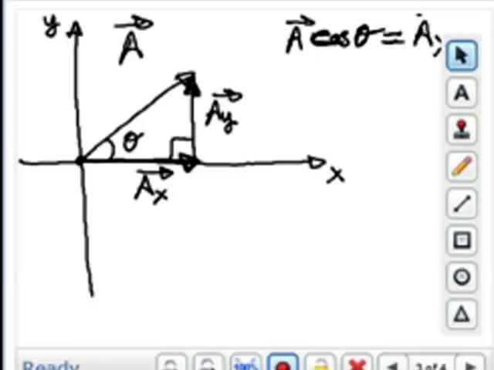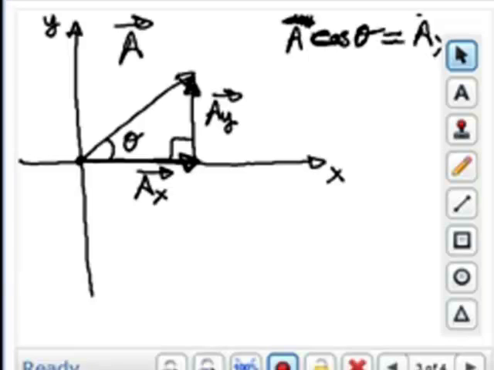And I'm sorry, I made a mistake, no vector. So now I can relate the magnitude of all my vectors. I already know the directions because I decided to have AX in the X direction, so I know its direction. I also know the direction of AY because I chose to have AY in the Y. So I know both directions, that's no problem.